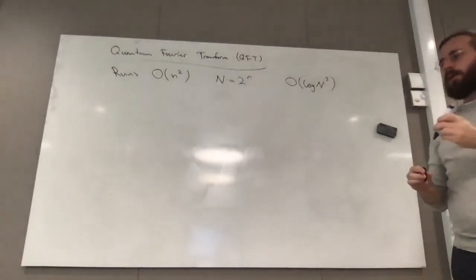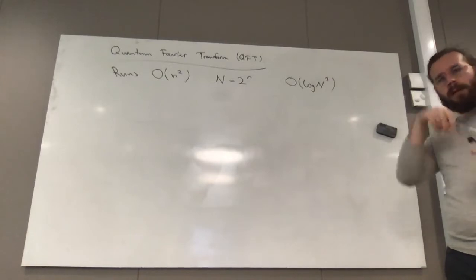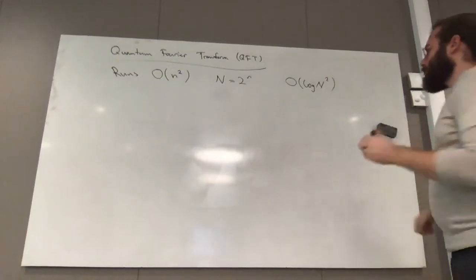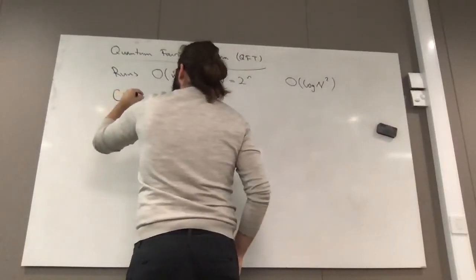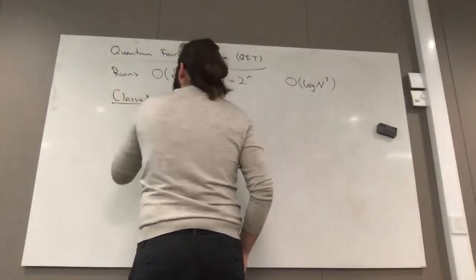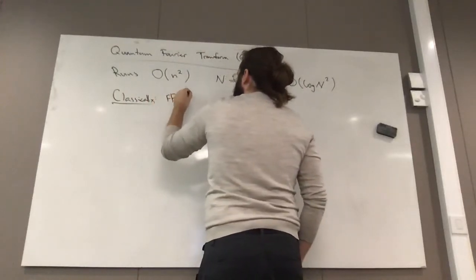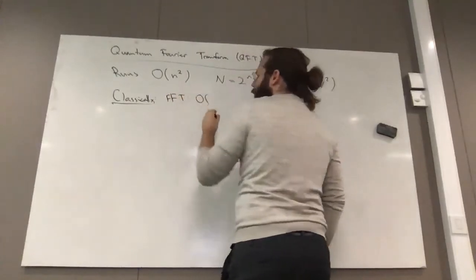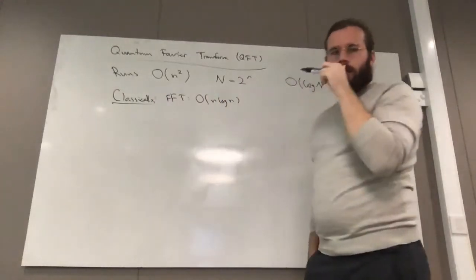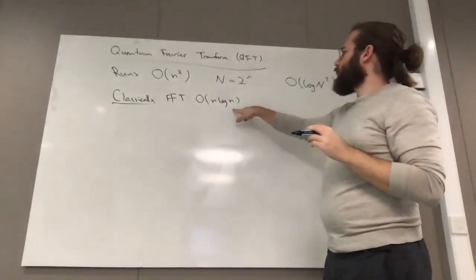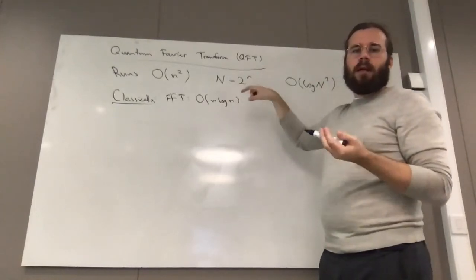It actually does not speed up the fast Fourier transform on classical data. On classical data, you have the fast Fourier transform, which I think runs in n log n, but I'm not sure. The entire difference is, of course, that quantum states are exponentially bigger than classical states.